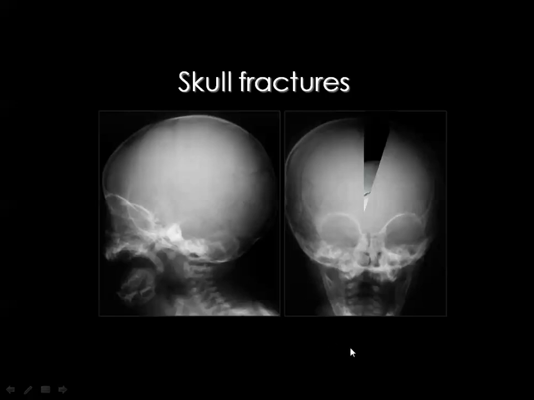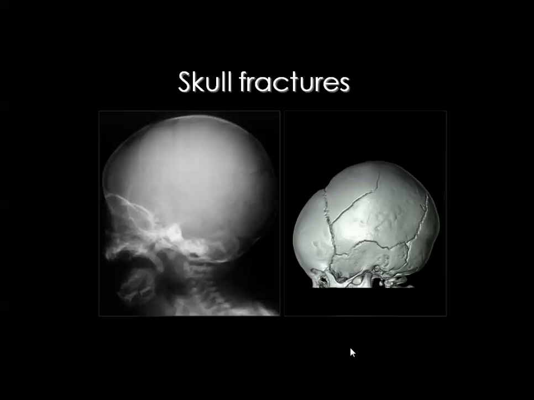And now we use the multi-detector CT sometimes in diagnosis of these fractures by having the 2D or 3D reformatted images of the axial scans so that you can appreciate the difference between the sutures and the fracture line.